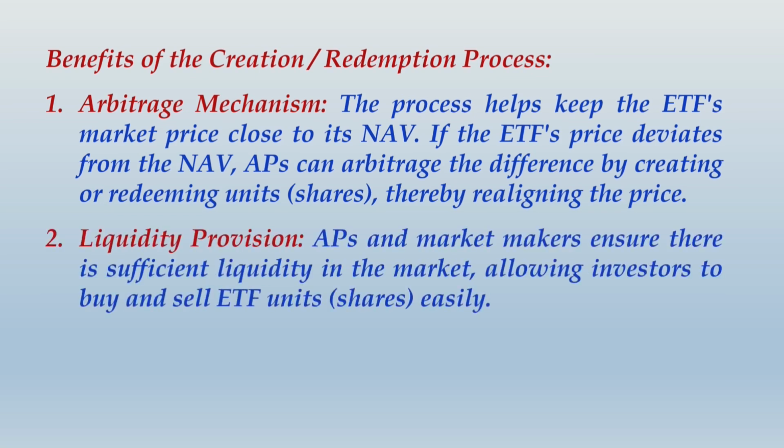And the second benefit is liquidity provision. APs and market makers ensure there is sufficient liquidity in the market, allowing investors to buy and sell ETF units or shares easily. So please write up this whole thing and then, as I promised you, I am going to show you the entire diagrammatic presentation of this whole process in the next part.